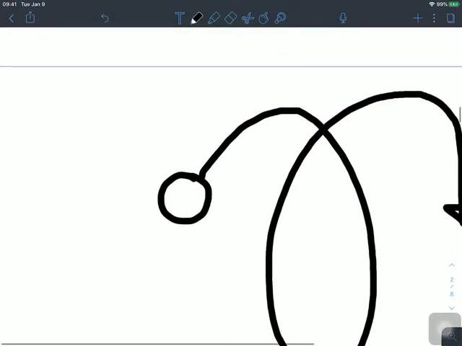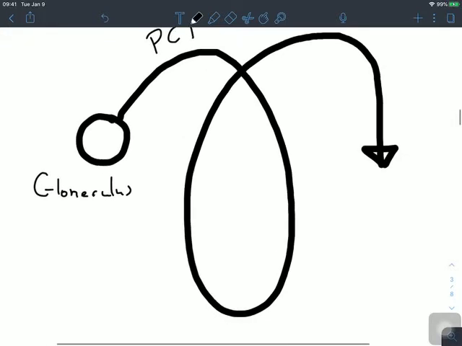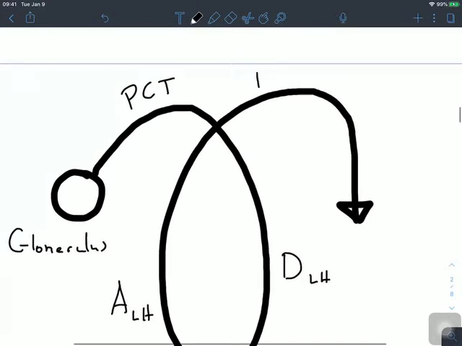You have the glomerulus, the proximal convoluted tube, the descending loop of Henle, the ascending loop of Henle, and the distal convoluted tube, leading to your collecting duct.